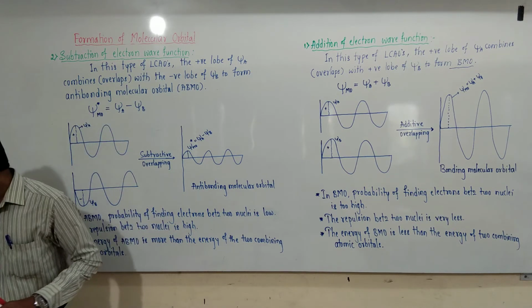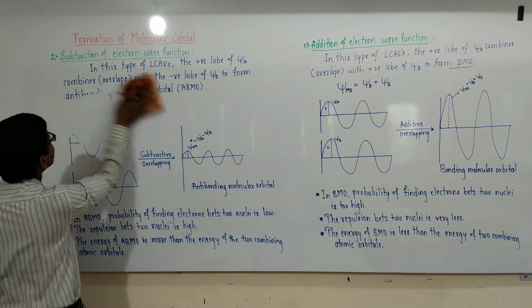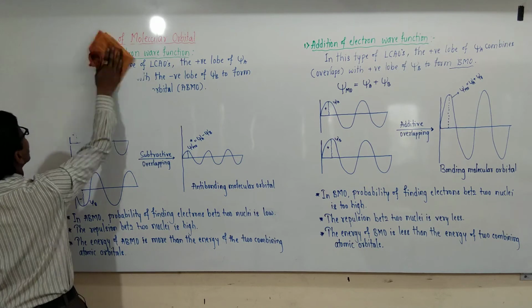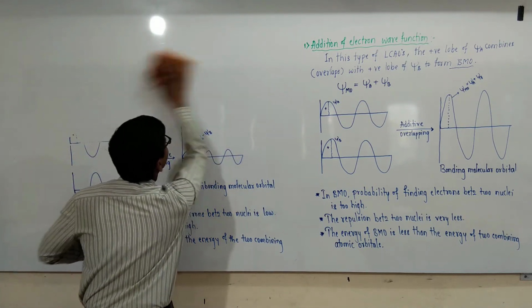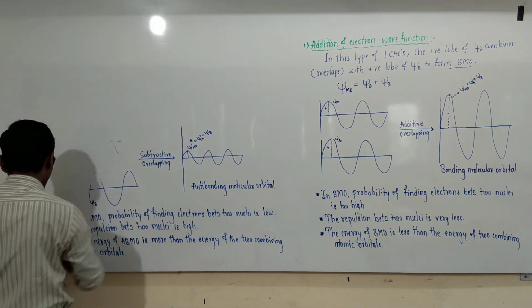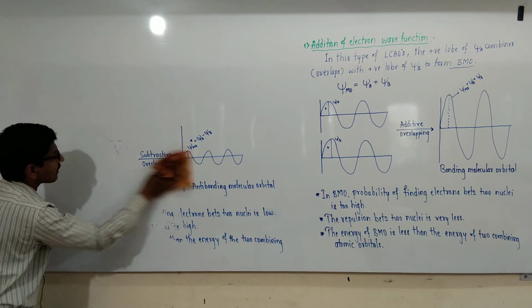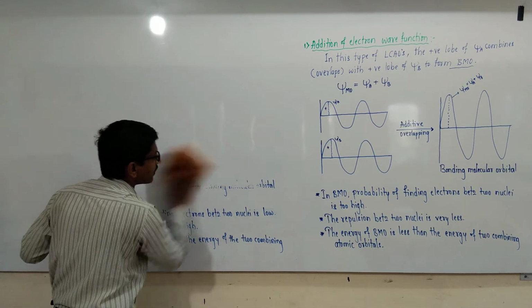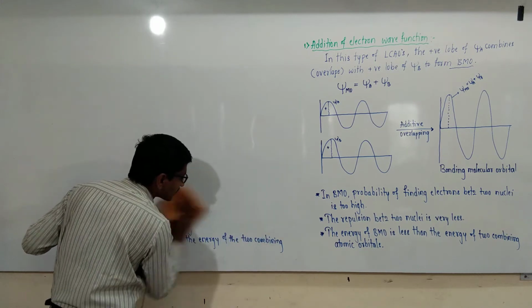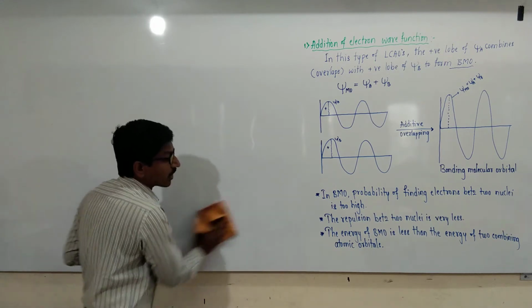Next is the comparison between bonding molecular orbital and antibonding molecular orbital. What are the differences between them? Before discussing the differences, first we discuss the combination of atomic orbitals.